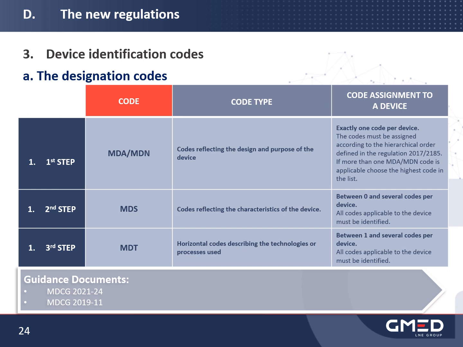Like MDS codes, multiple MDT codes can be assigned to the device. Therefore, all codes applicable to the device must be identified. Please note that it's necessary and expected that the device be assigned at least one MDT code from the list of MDT 2001 to MDT 2010. Guidance documents published by the Commission, as well as the GMED Guide to Code Assignment, will provide you with valuable additional information to help you identify the most appropriate codes for your device.